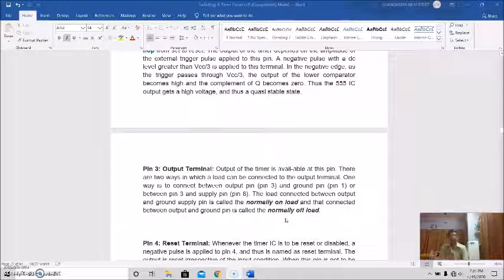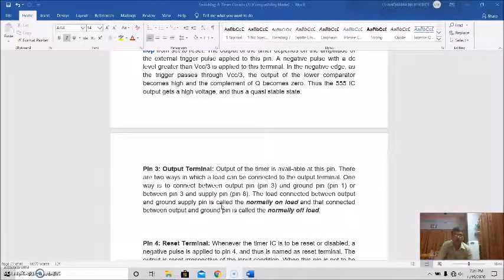Pin 3 is the output terminal. The output of the timer is available at this pin. There are two ways in which a load can be connected to the output terminal. One way is to connect between the output pin, that is pin 3, and the ground pin, that is pin 1, or between pin 3 and the supply pin, that is pin 8.